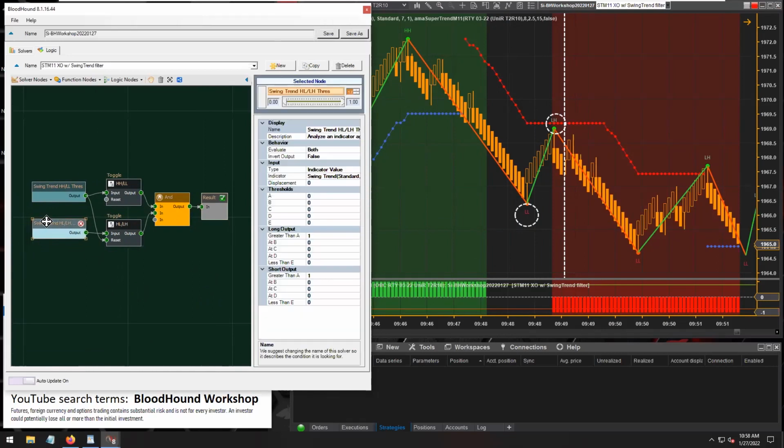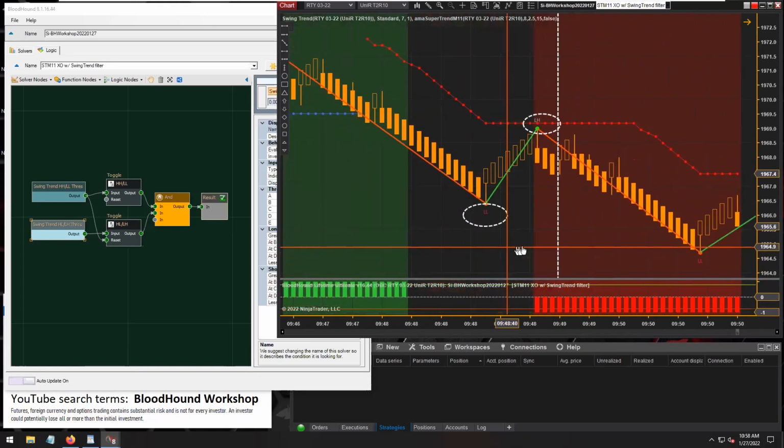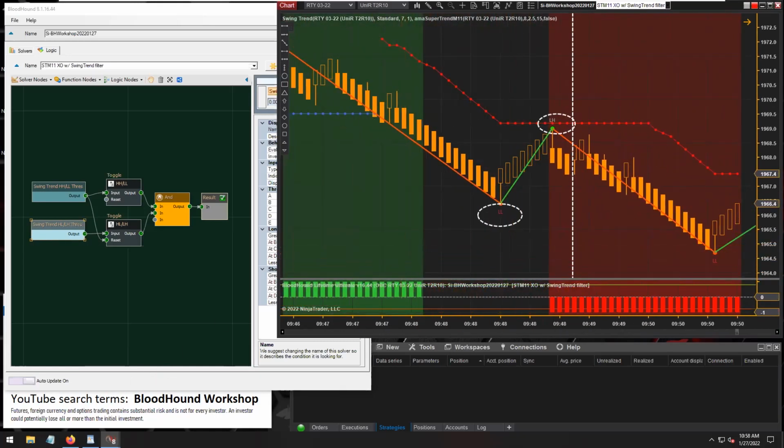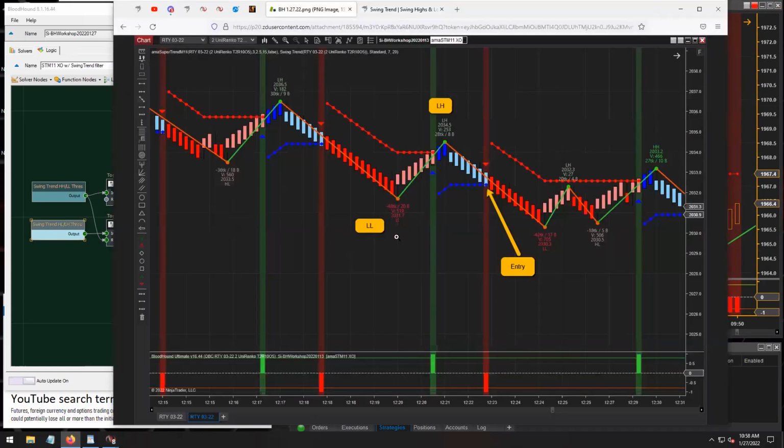We could get even a little more technical with this trend direction. If we go back to the original question, we need a lower low and a lower high. But obviously the lower high, it's starting, but we don't know that this is going to end as a lower high.